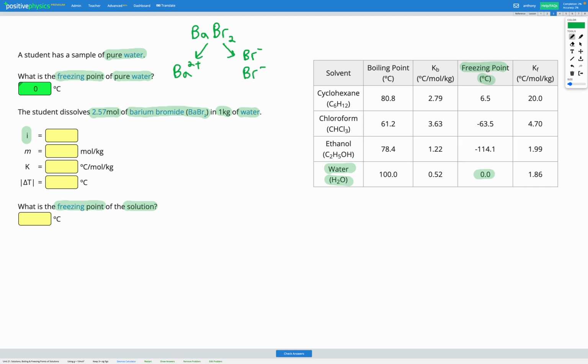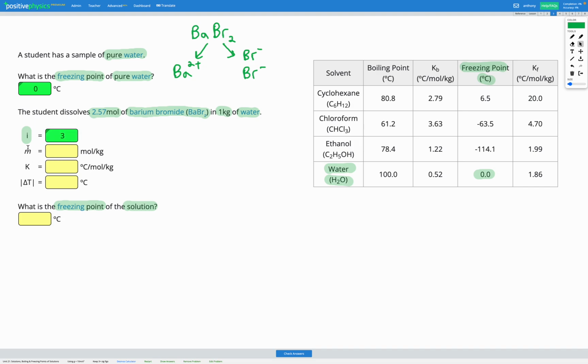That's why we've got BaBr2 as our formula. So when one formula unit of BaBr2 dissolves in water, we have 1, 2, 3 solute particles now dissolved in our water when it dissociates. So i, the Van't Hoff factor, is going to be 3 for this ionic compound.